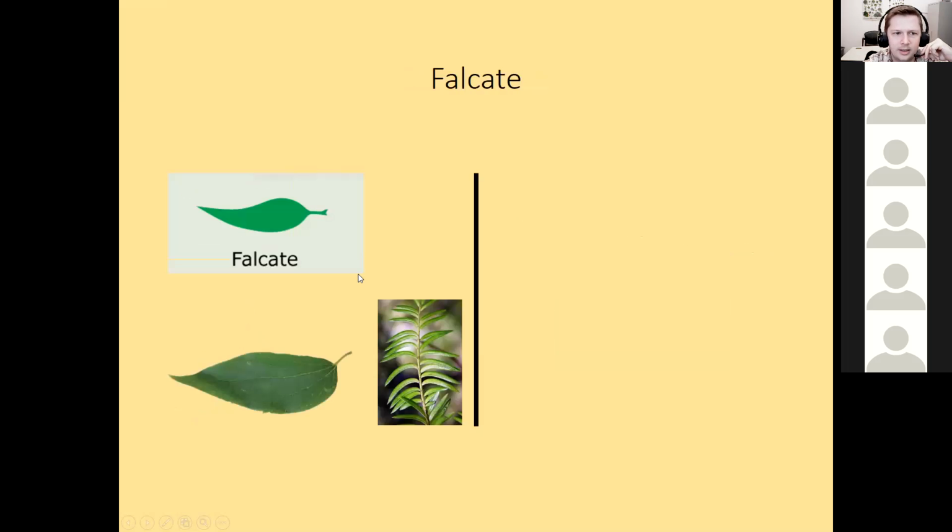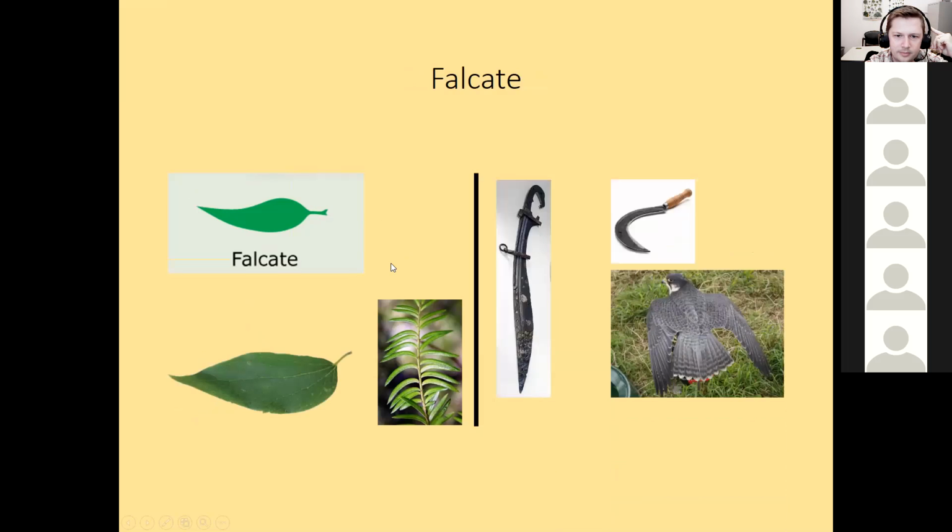Falcate. So falcate, if you look at this, it's kind of turned. And if you know what a falcata is, it's actually a sword, a curved sword from ancient Rome.